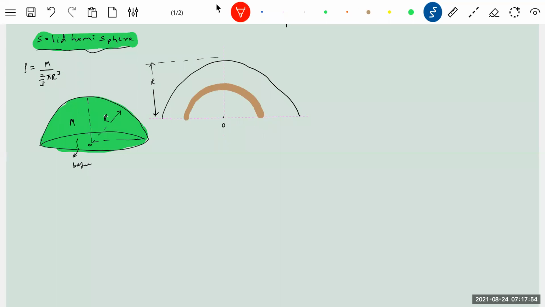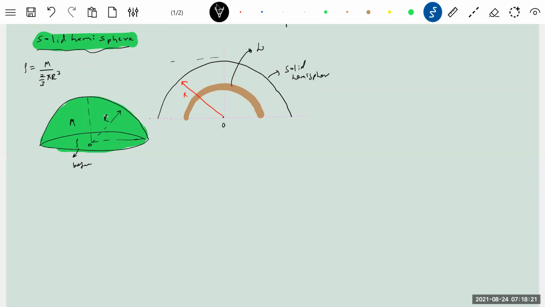So here we have two things. One, radius r. Now what I assumed is the elemental structure. Okay, this is a solid hemisphere, and I'm asking you about a thin hemispherical shell.